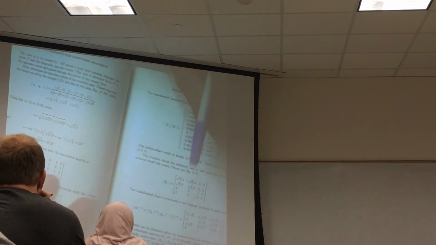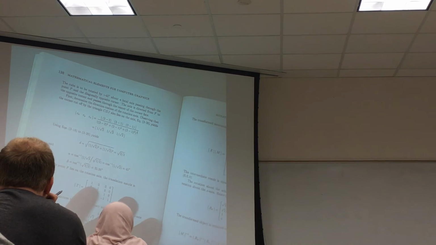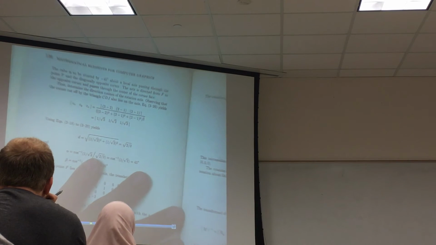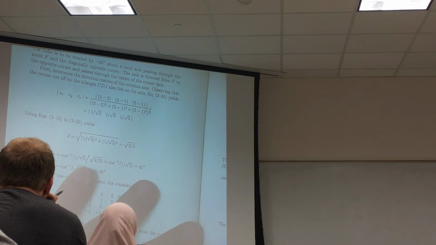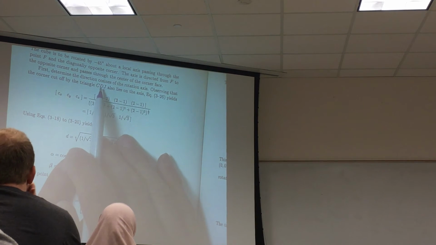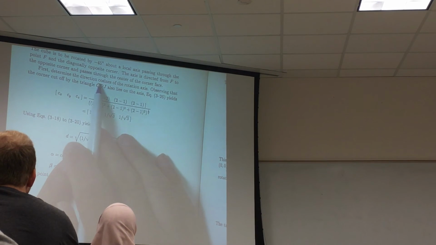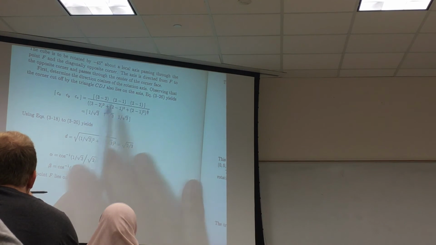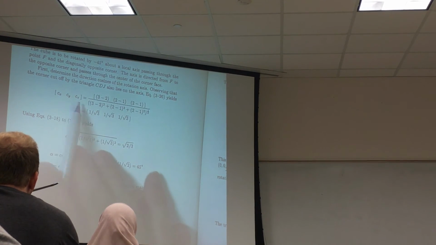Now you just compute. I just want to show you the numbers. So I can go up a little bit for you to see. So the first thing is to determine the orientation of that vector and define its direction cosines. And so that's what you compute.